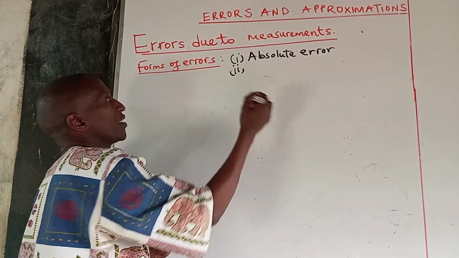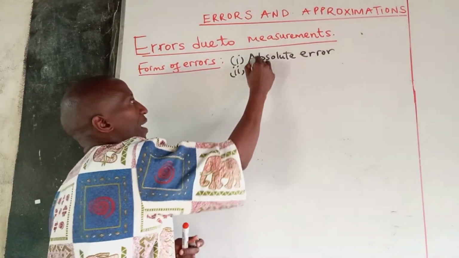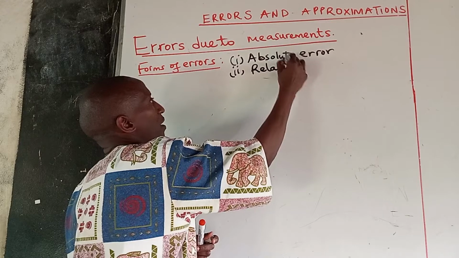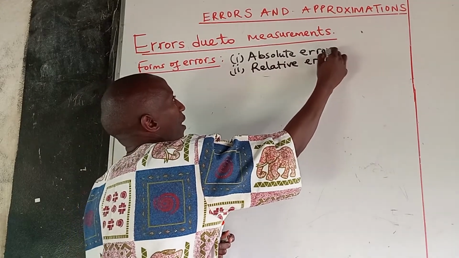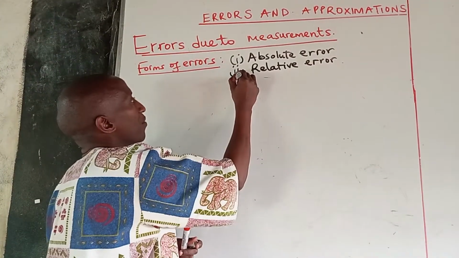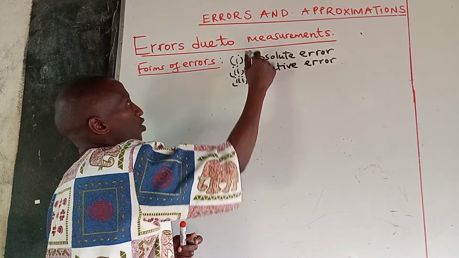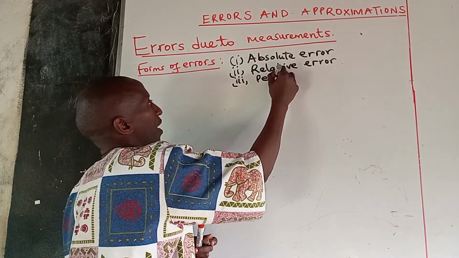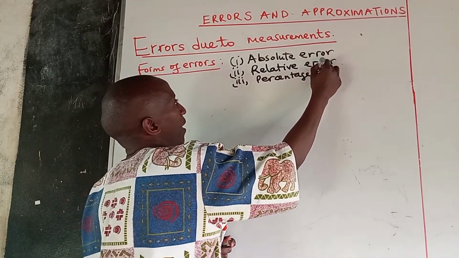In a particular measurement, we also have relative error. And we also have, from these 2, the percentage error.